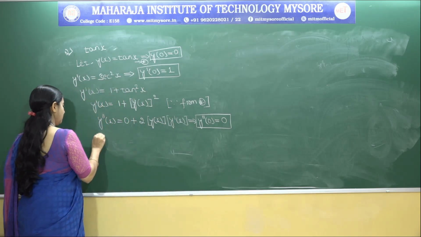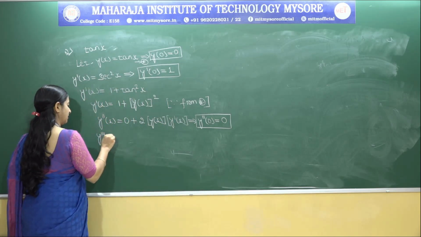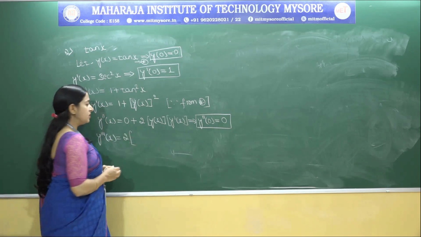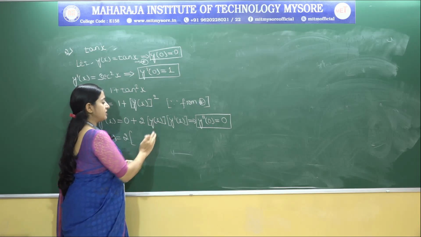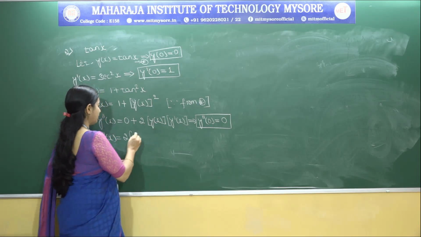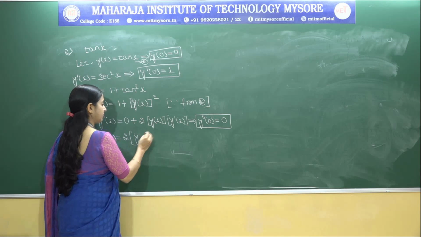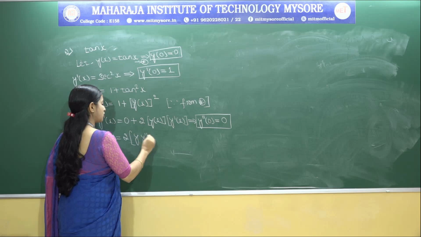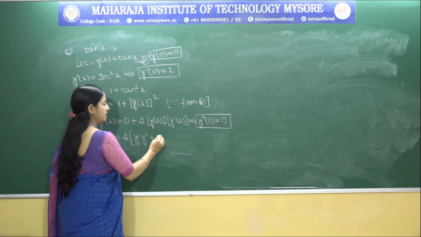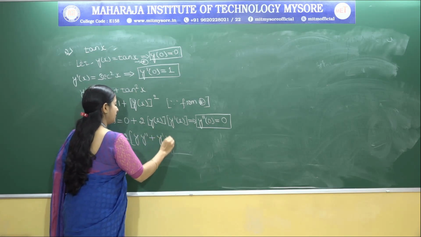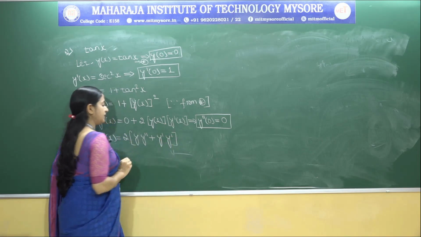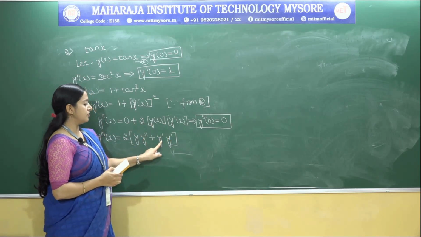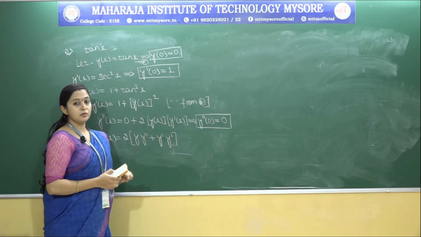Next, the third derivative of x. Keep the 2 outside since it is a constant. No need to write y of x, just write y and y dash, that's enough. Take the product rule: y dash differentiation gives y double dash, plus y times the differentiation of y dash. I took the product rule: first term times differentiation of the second, plus differentiation of the first, keeping the second as it is.